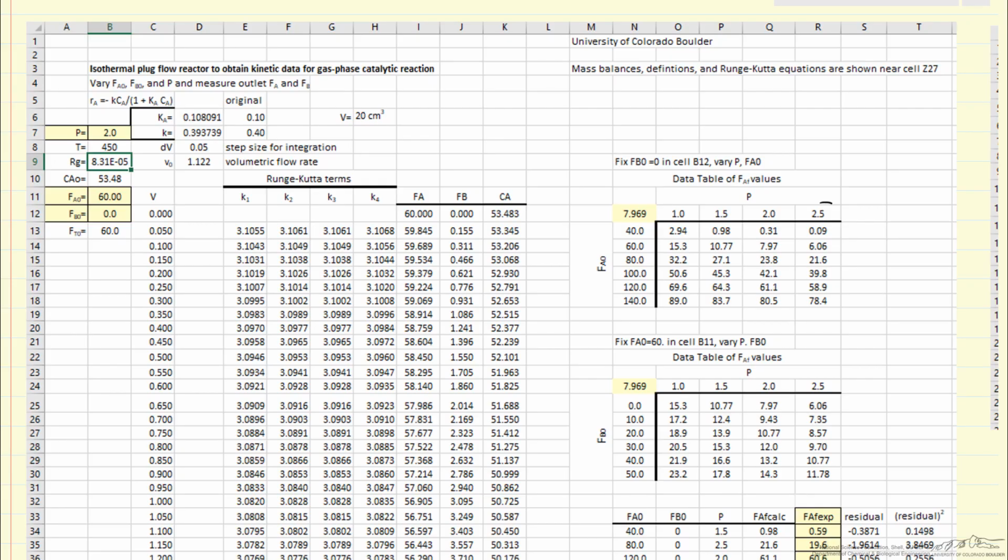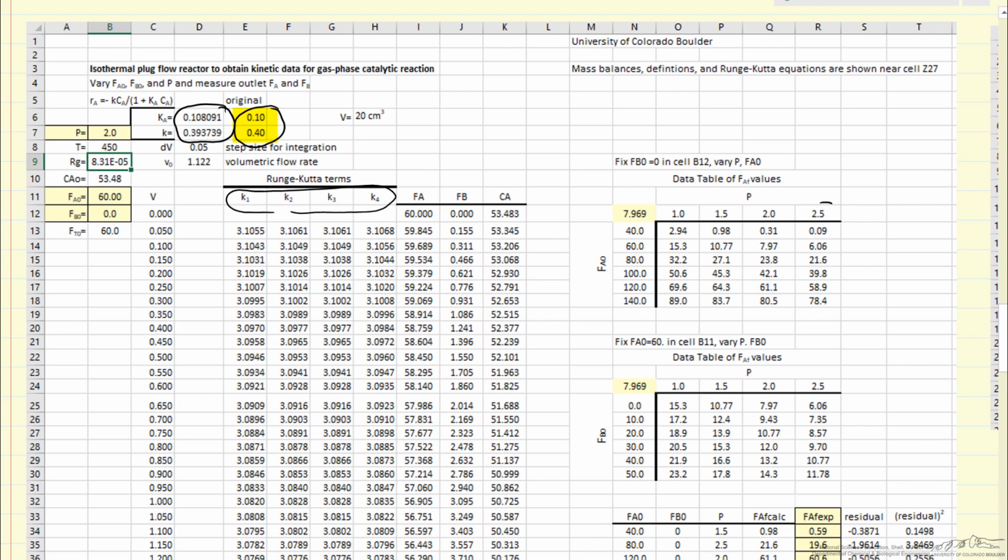So here's the part of the spreadsheet where we're solving the differential equations. We calculate these K values that are in the Runge-Kutta calculation. Here are our two parameters, the adsorption equilibrium constant and K, that we've calculated when we run Solver for nonlinear regression. These are the values we use to generate the data.